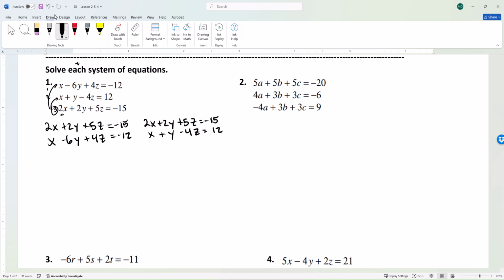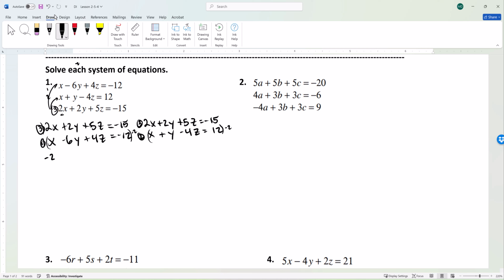Just to visualize it, equation 3 with number 1, and then equation number 3 with equation number 2. Now, my intention here is I want to eliminate x. X seems like the easiest. I can multiply this by -2, I can multiply this by -2, and by doing so, I'm going to be able to eliminate it.